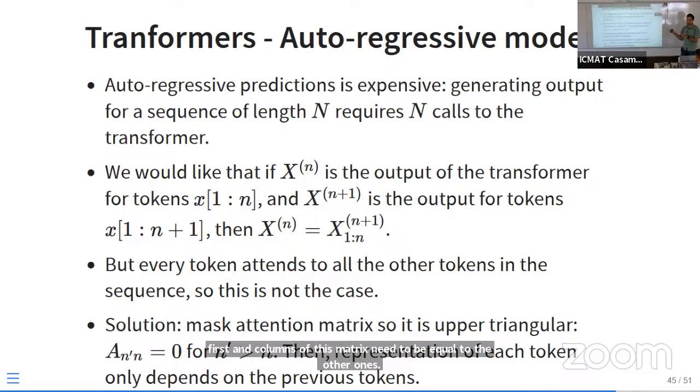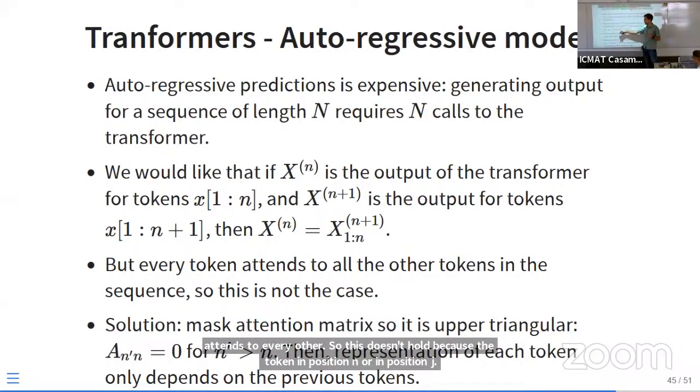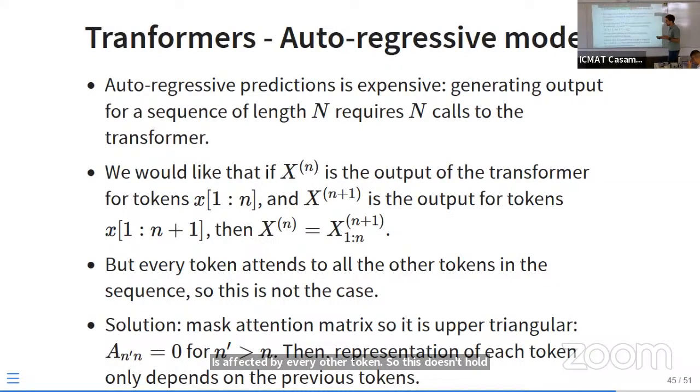This ensures that the vector representation of the token in position n just depends on the previous ones. But with what we have until now, every token attends to every other. So this doesn't hold, because the token in position n or in position j is affected by every other token. So this doesn't hold in general.